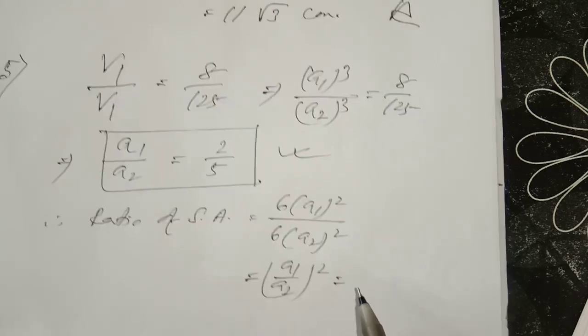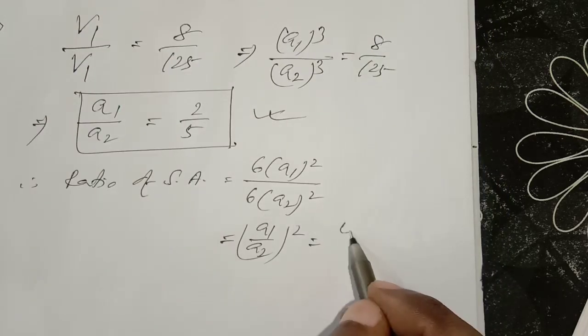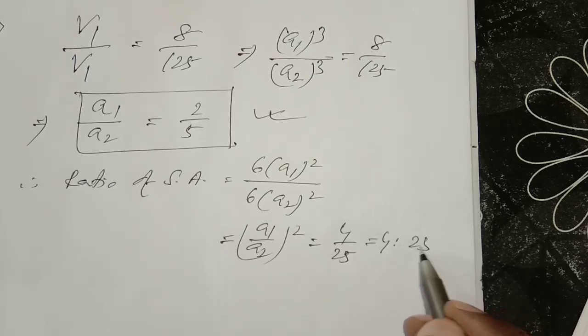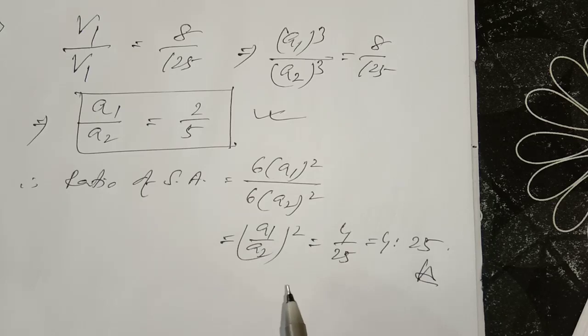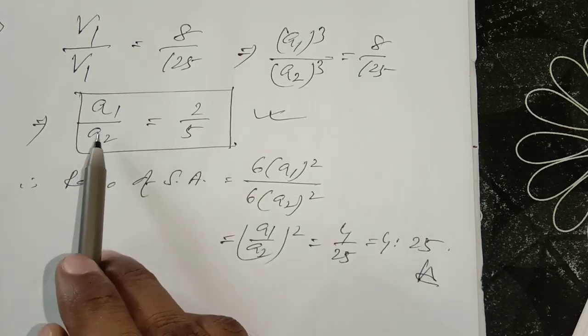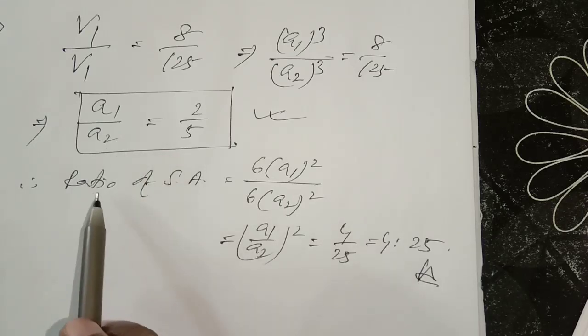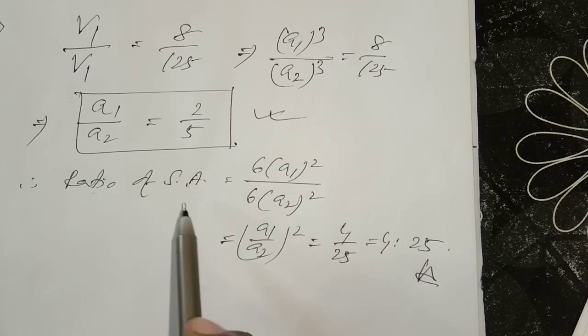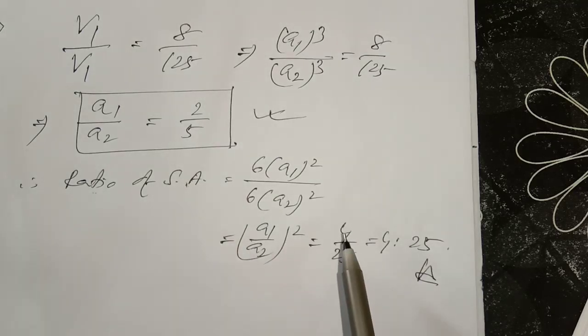A1 by A2 equals 2 by 5, so that means 4 by 25. So what is the ratio? 4 is to 25. This is the answer of number 5. When the volume ratio is given, you can easily get the side ratio, then the surface area ratio. Okay, let us go to the next number.